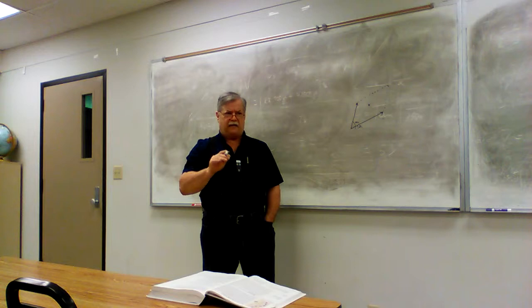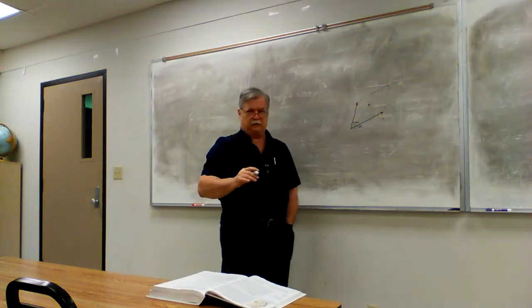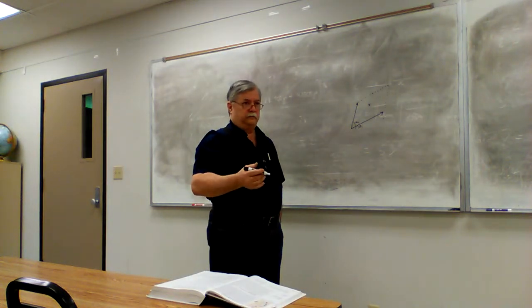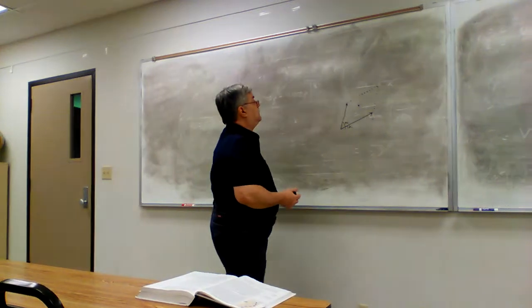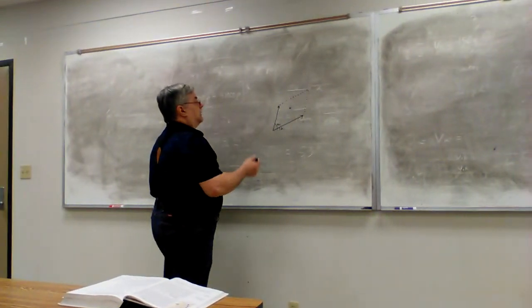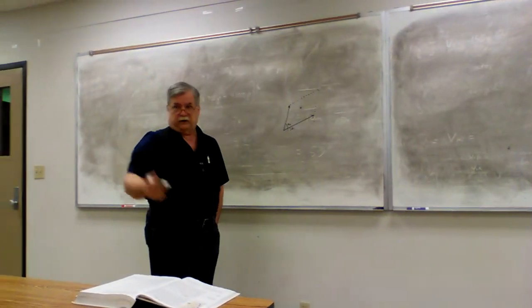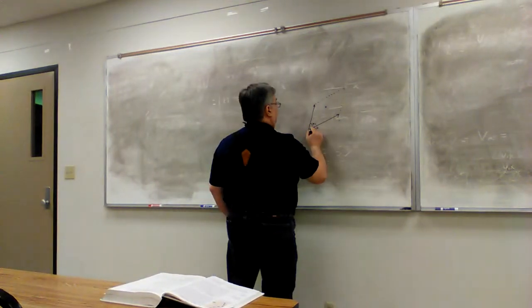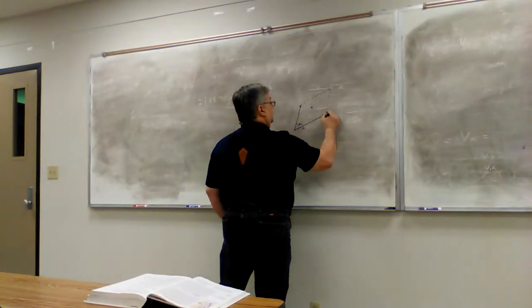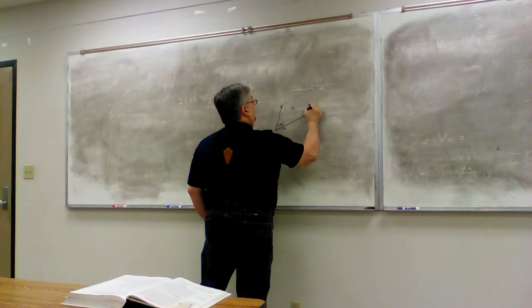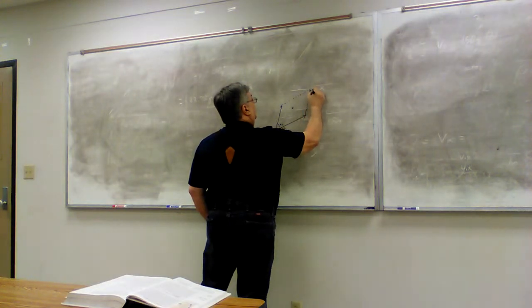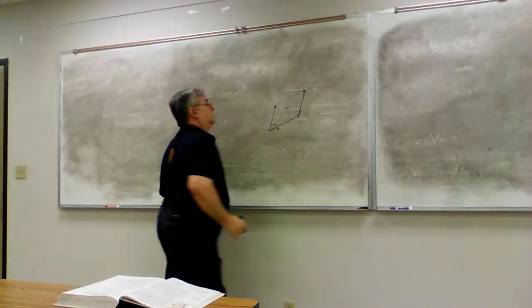Let's look at why that is, because we're going to learn a little something about adding vectors. If we were going to do this the way we did it yesterday, we would be redrawing this vector here to get that sum.